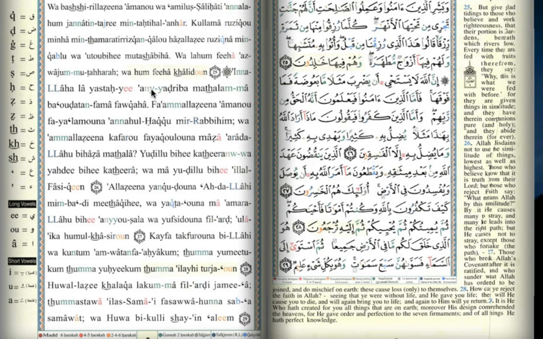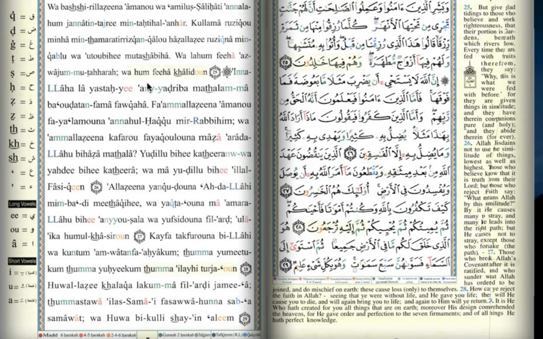There's now going to be a sub-classification of this rule. This rule is going to split off into a couple of different things. Most of the letters are going to have ghunnah, and 2 of them are not going to have ghunnah. Meaning you're going to drag some of them out long, 2 counts.